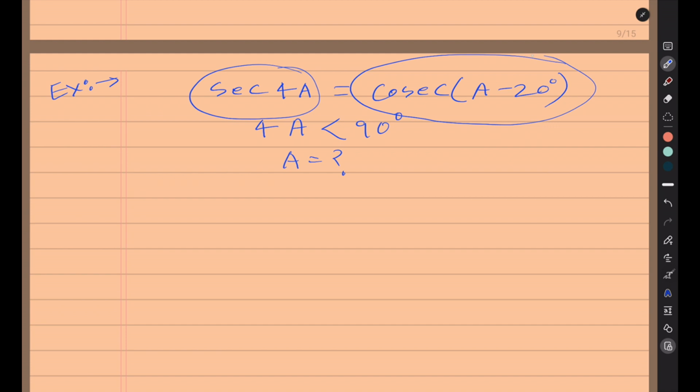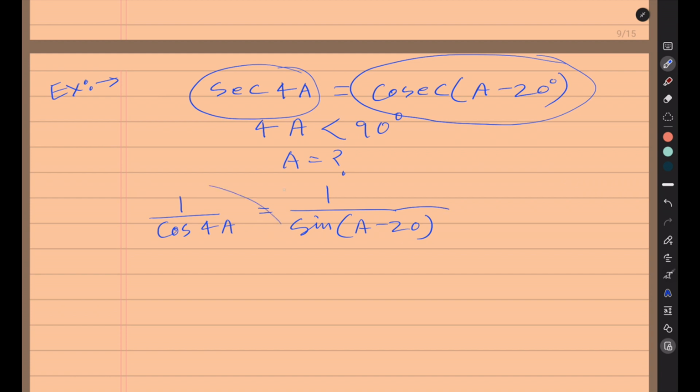This is what is given. Sec 4A. So can you remember that sec is inverse of cos A. So we can write sec 4A is equal to 1 divided by cos 4A, isn't it? Because it is easier to think in terms of sine and cos instead of sec and cosec, isn't it? So sine A minus 20 degree, we can write it, isn't it?